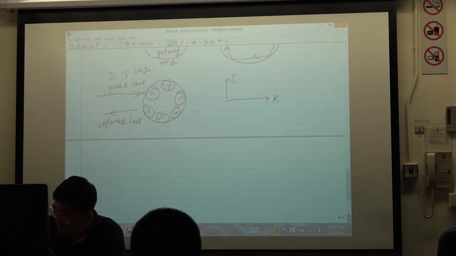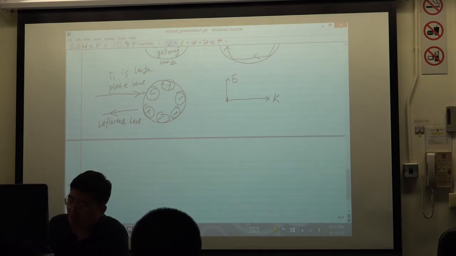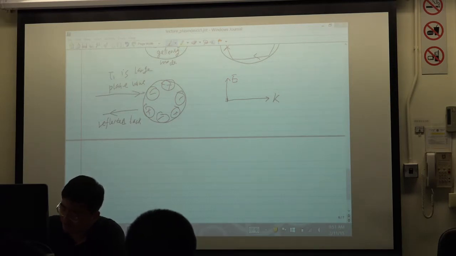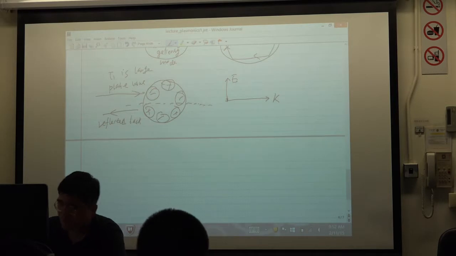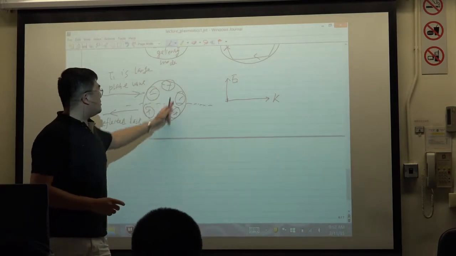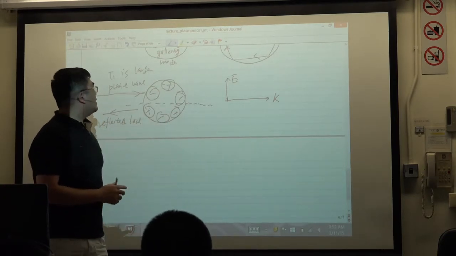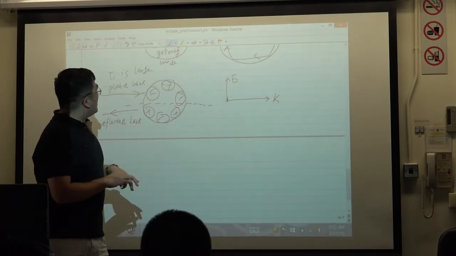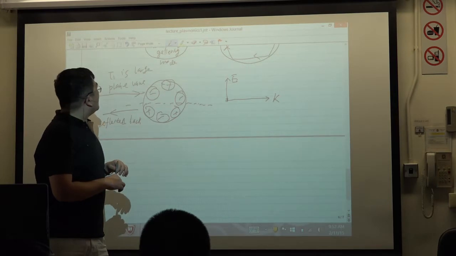Along the K direction, this is a symmetric E field, but this is an asymmetric field. Along this direction, it's positive, negative, negative, positive, positive, negative, asymmetric. So they cannot couple.